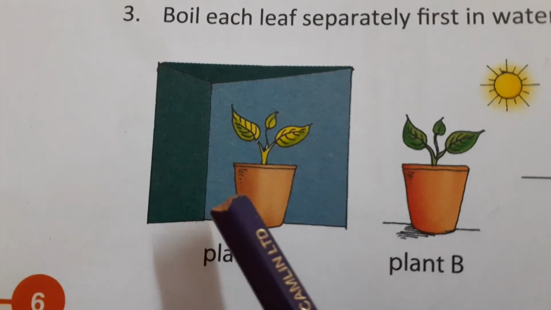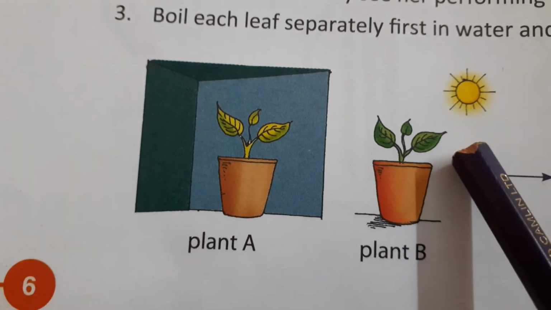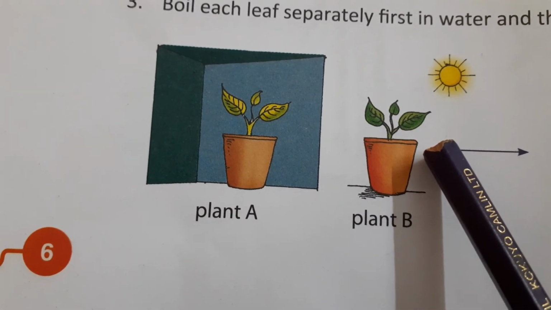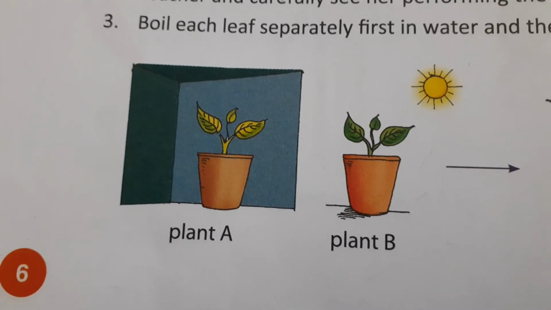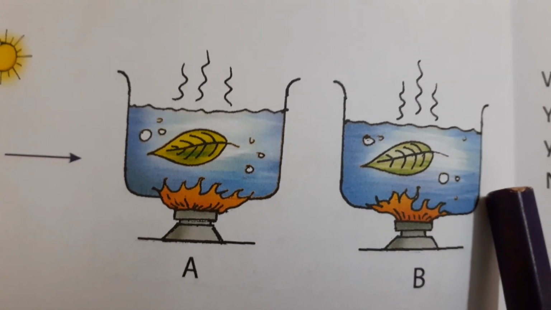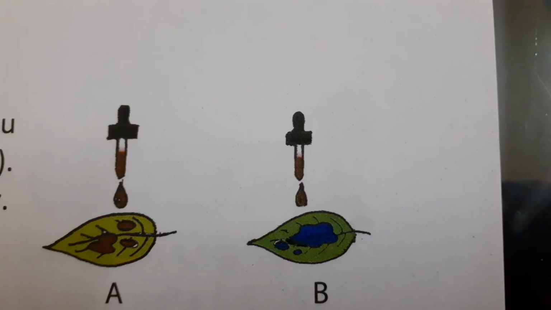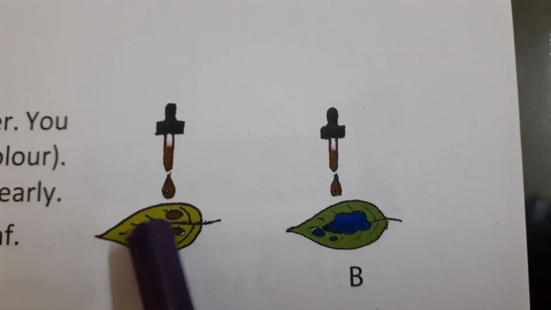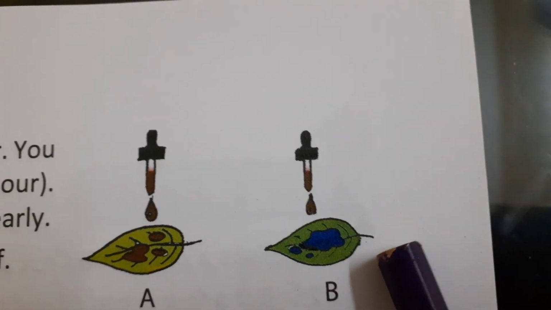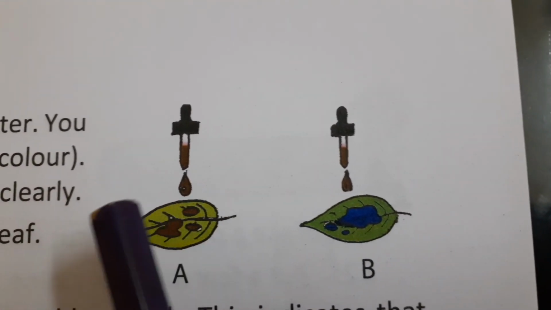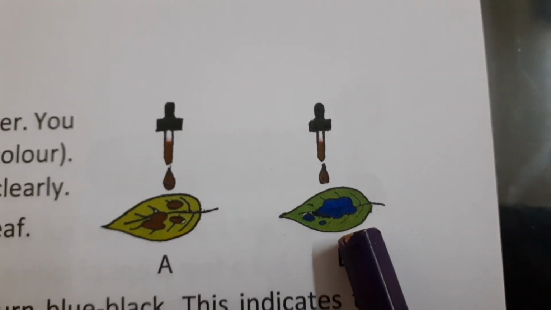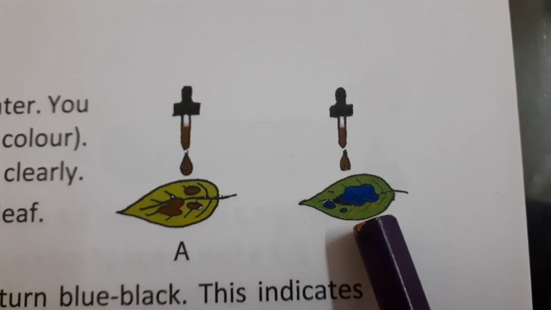Now pluck a leaf each from both the plants and boil them separately in water and alcohol. Now wash both the leaves separately with cold water. Then you will find that the leaves get bleached, meaning losing color. This is done so that you can see the results clearly.